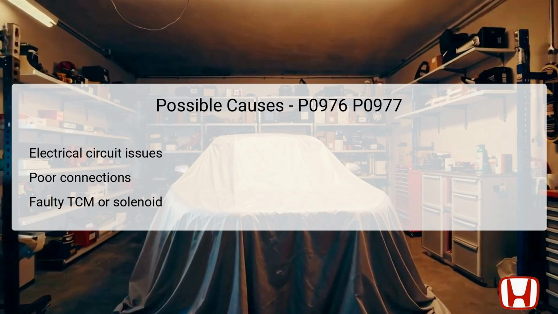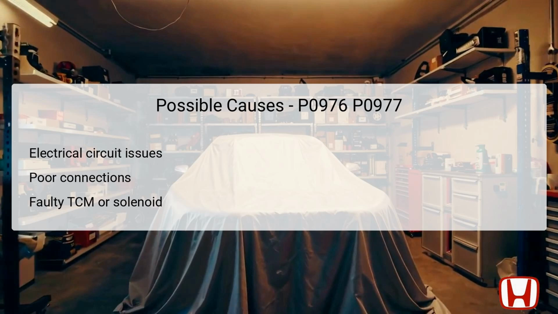faults. Problems can arise from poor connections due to corrosion or loose terminals between the solenoid and the TCM, leading to disturbances in the signal transfer. Additionally, wiring issues such as short circuits or an open circuit could also contribute to these trouble codes.